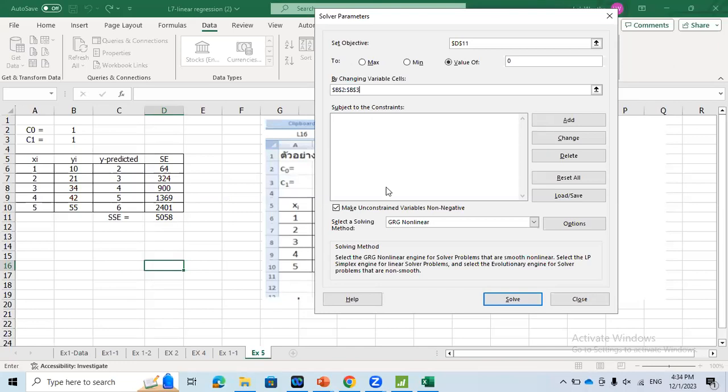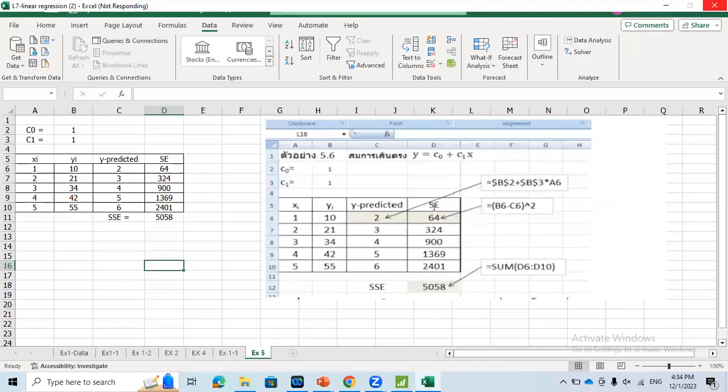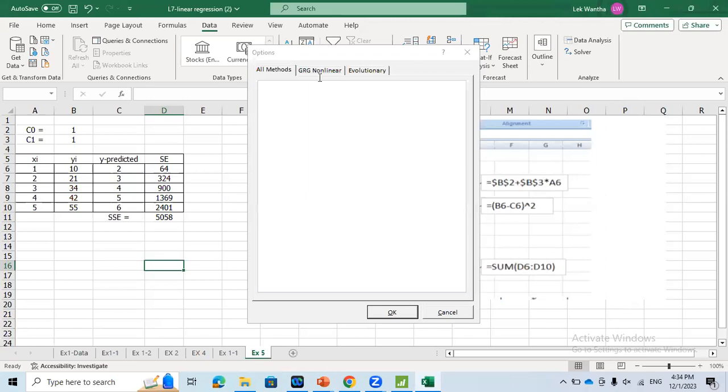Right. And then you choose the technique. You have GRG Nonlinear, Evolutionary, and Simplex LP. We talked about this maybe last week, a little bit. In the options, we can set up the tolerance, or the minimum error that you accept. This tolerance is about 10 to the minus 6.